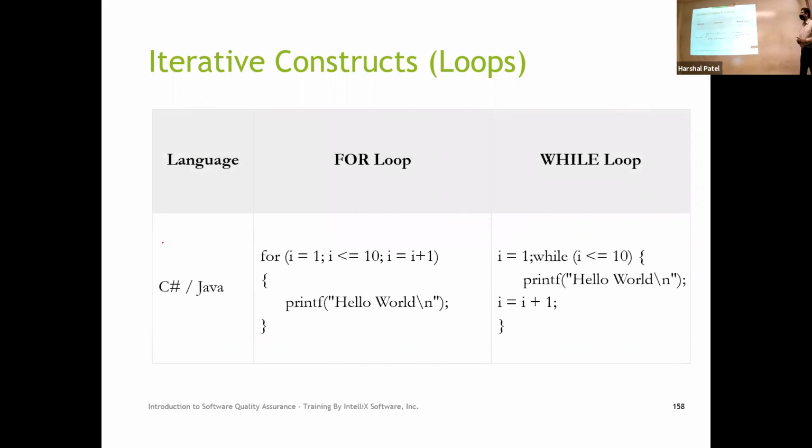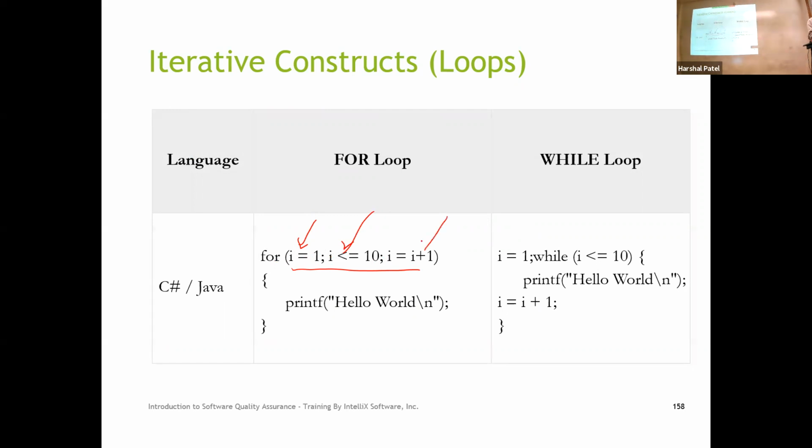Okay. So here on the left-hand side, you have a for loop, and on the right-hand side, you have a while loop. So here, it is going to go 1 through 10. It says, hey, start my counter at 1. Go till that counter reaches value 10.